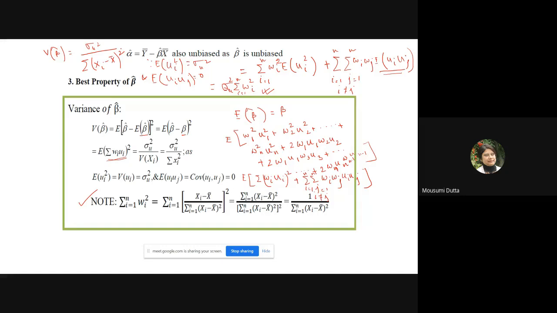So if you use that notation, it is simply sigma u square divided by summation small xi square. You can present it as sigma u squared divided by variance of capital Xi, or as sigma u squared divided by summation of small xi squared, where small xi is equal to capital Xi minus x bar.